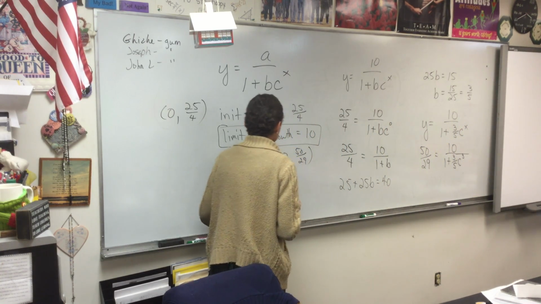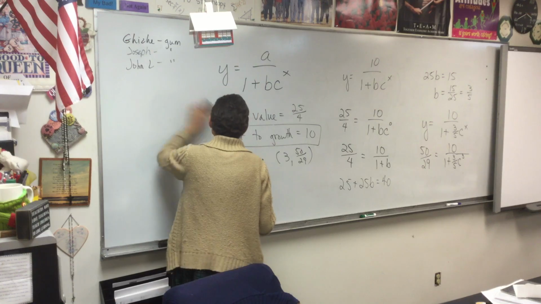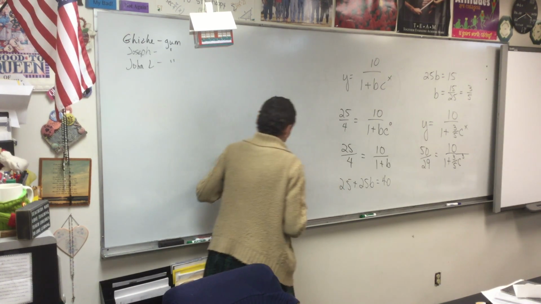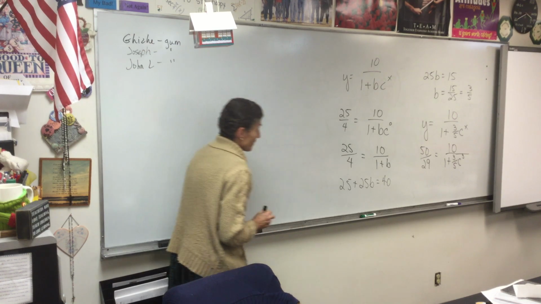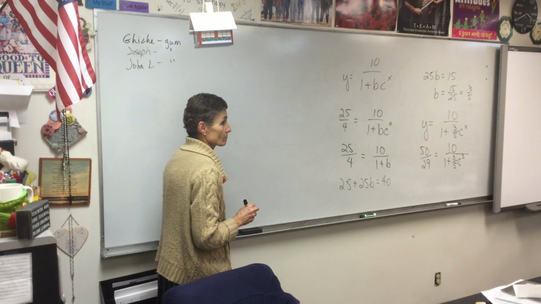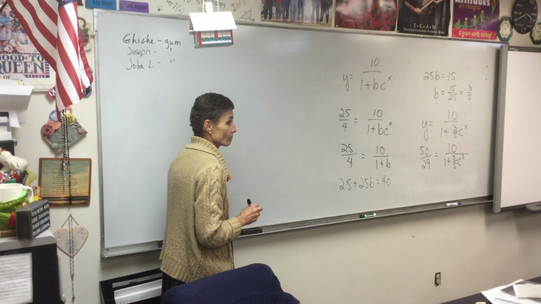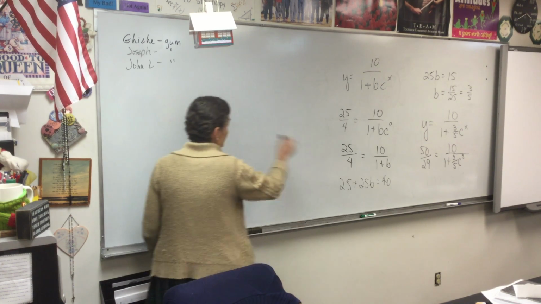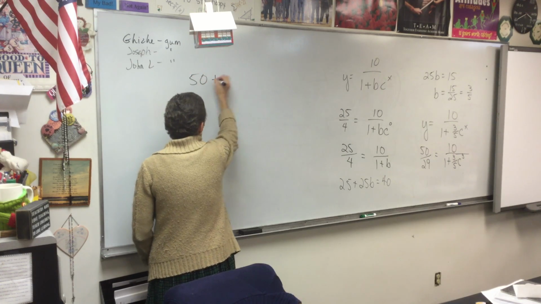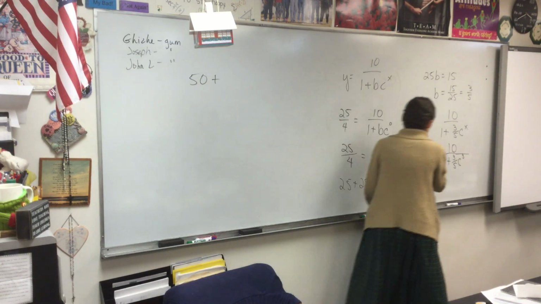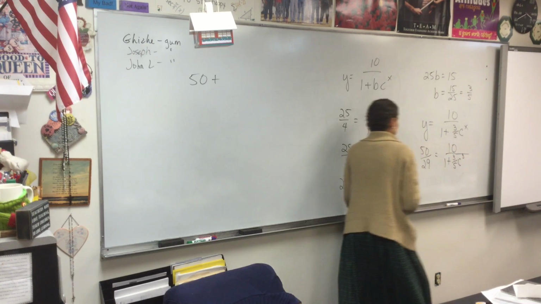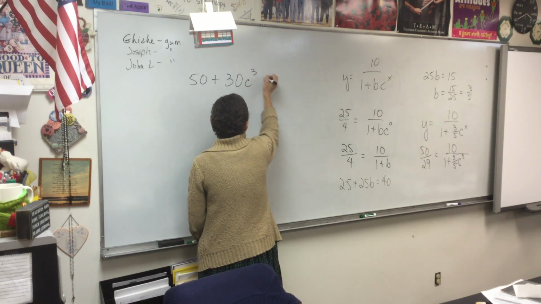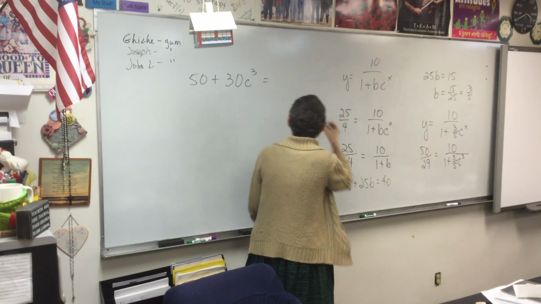Boy, that's a mess. What do you think I should do with that? Cross multiply, absolutely, we want to cross multiply. So we're going to have 50 plus, I'm multiplying here, so 50 times 1, what's 50 times 3/5? 30 c cubed equals 290.